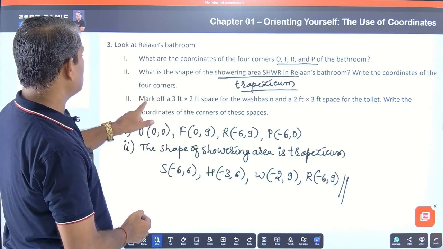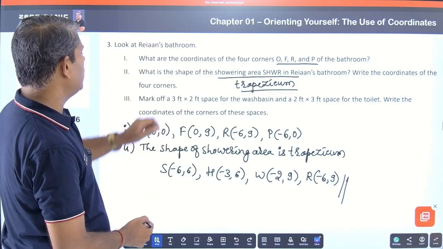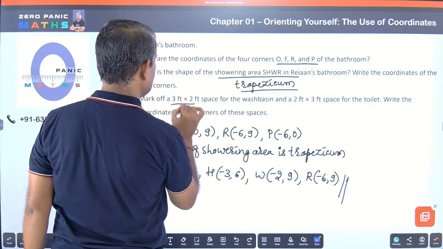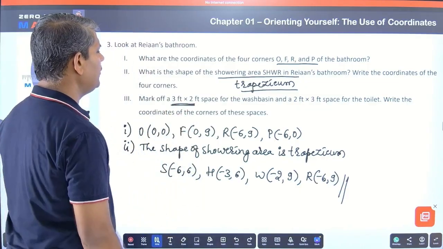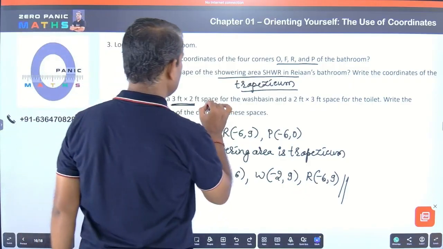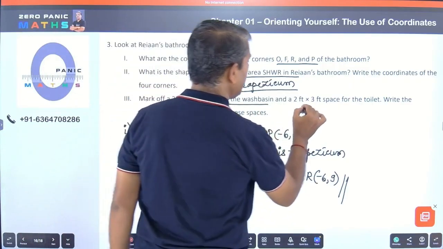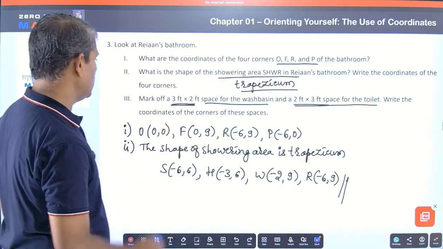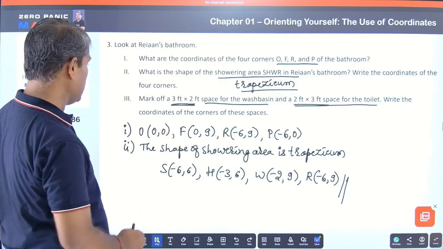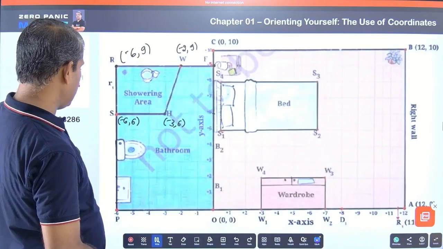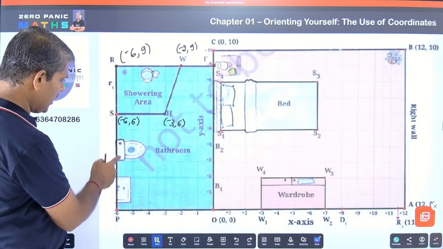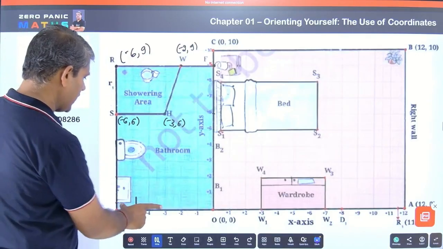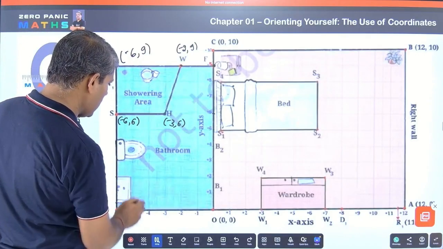Now the third question is to mark two spaces: a 3 by 2 feet space for the wash basin, and a 2 by 3 space for the toilet. Now you listen to me carefully here. Here the wash basin is given and there is a toilet here. They are saying 3 by 2 space for the wash basin.